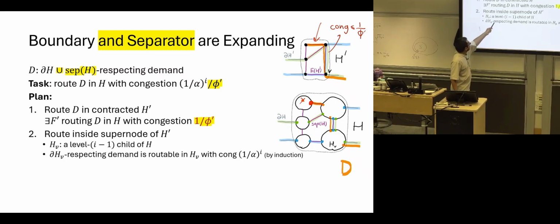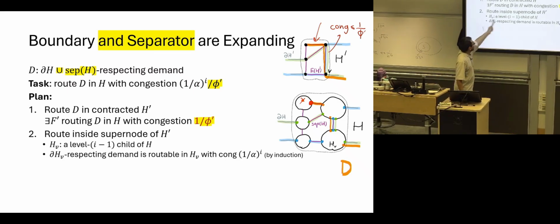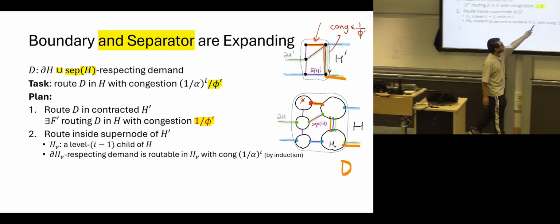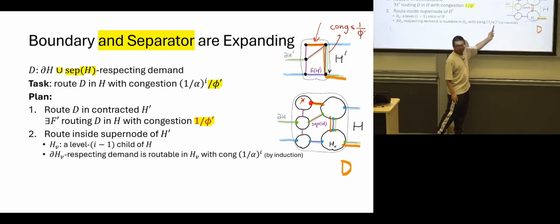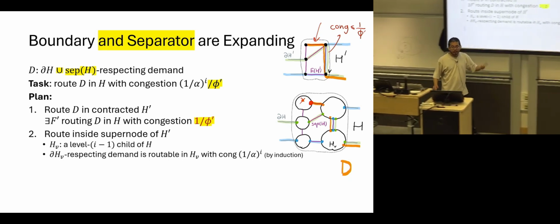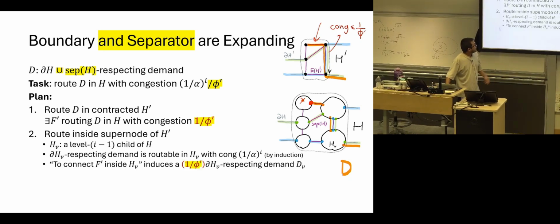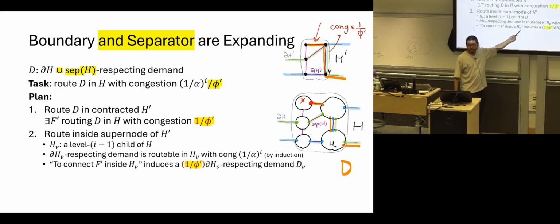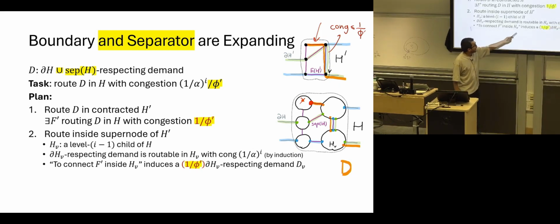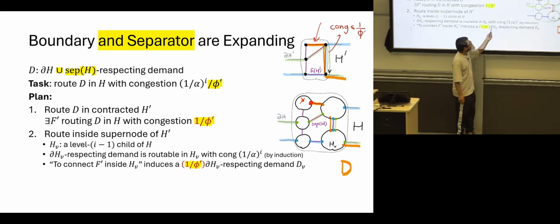We know that any demand that respects the battery of this supernode HV is routable in HV with this congestion that is independent from phi. It just depends on alpha. And then to connect F prime inside HV, this induces the demand that respects the battery of HV scaled up by 1 over phi prime.